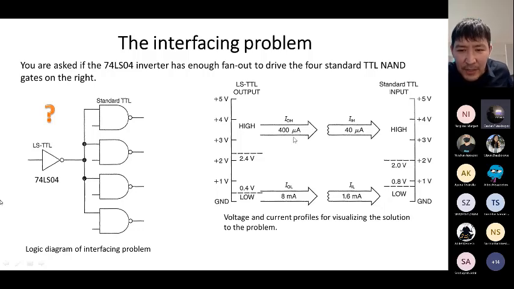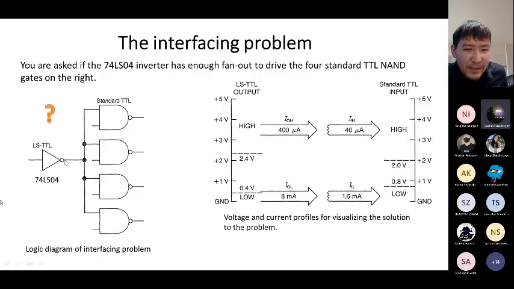Okay, let's start with when this output is high. When this output is high, it means that this inverter can give us up to 400 microamperes. And let's consider these NAND gates.